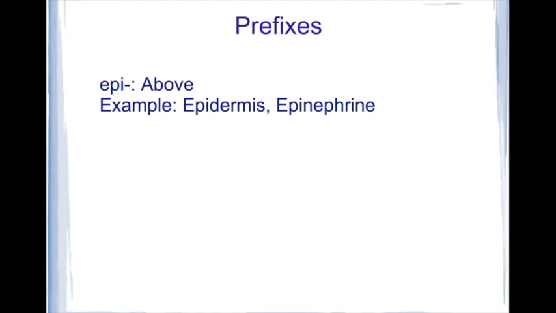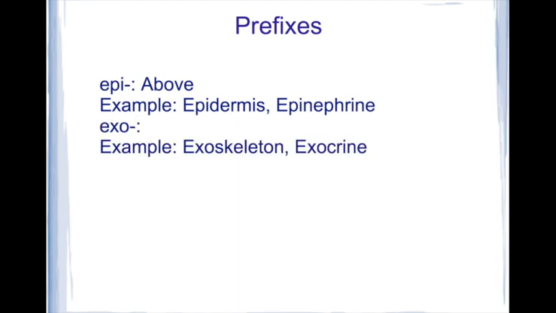Exo, like exoskeleton or exocrine. Insects, like cockroaches, have exoskeletons. Exocrine glands, a couple examples of those are the sebaceous glands, the sudoriferous glands, your salivary glands are exocrine glands. Now, the difference between exocrine glands and endocrine glands is not just what they make, but where they specifically empty their contents.